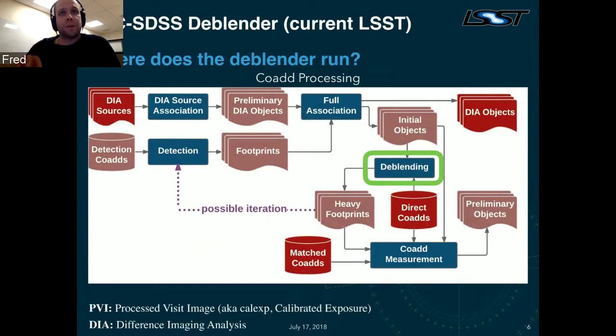Right now the deblending is done one band at a time. The R band deblends, for example, without knowing anything about any of the other filters, G and all the other bands.